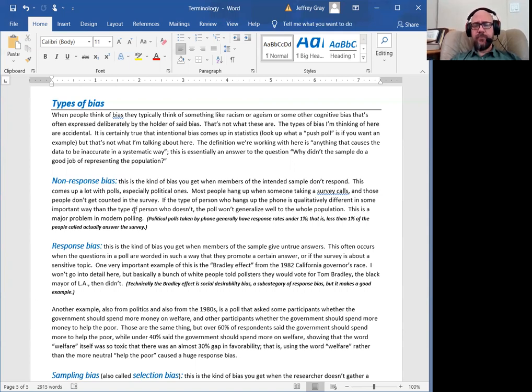And that means that if the people who are saying no and hanging up are qualitatively different in some significant way than the people who are answering surveys, then you get a biased sample, right? Your sample is biased towards the type of person who will answer a phone survey and against the type of person who won't. Those people are similar and different in complicated ways, but they're different in some qualitative way.